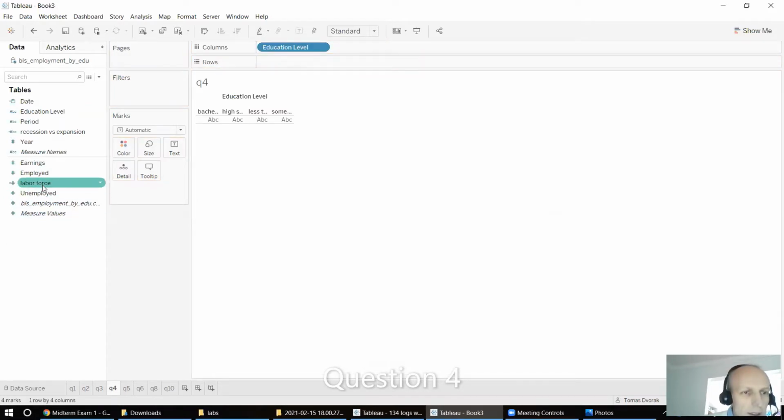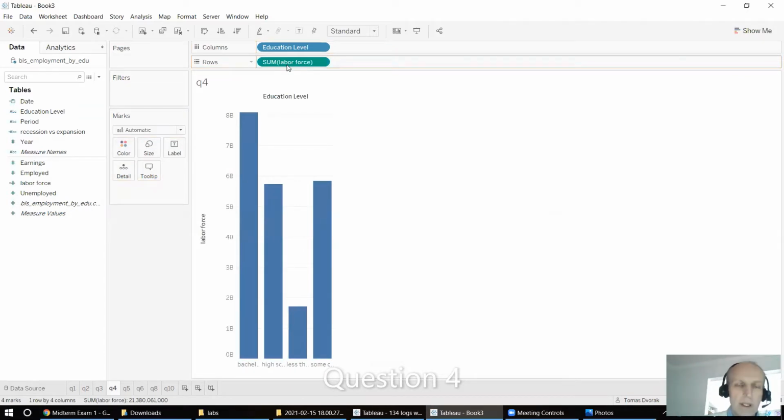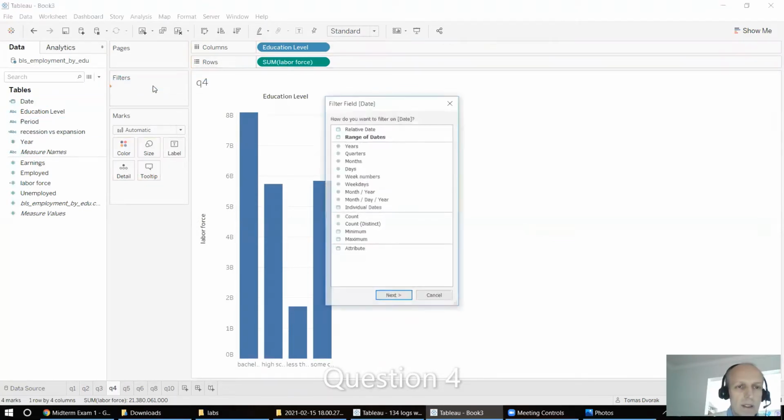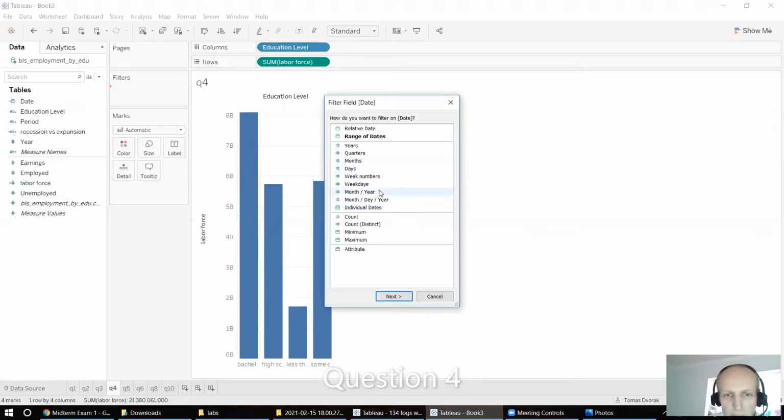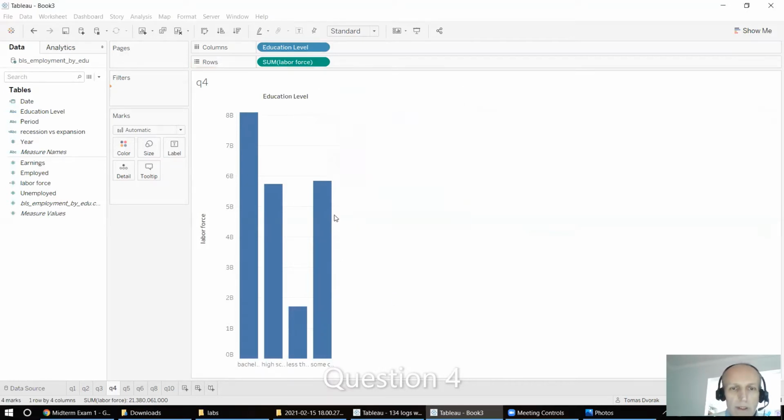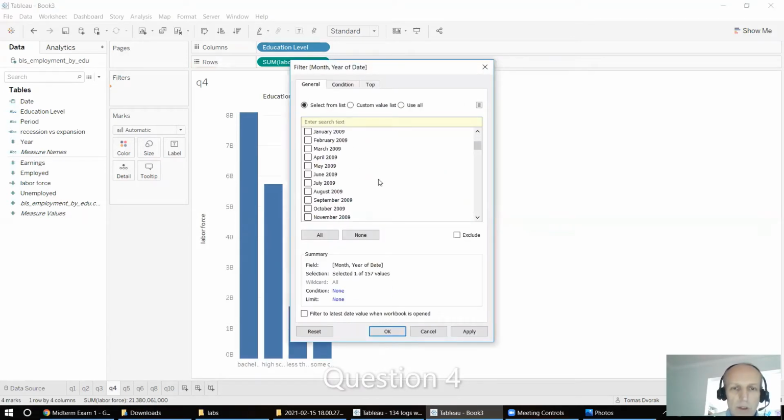So let's do sum of labor force on the rows shelf, but we want to show it only in January 2008 and January 2021. So let's add a filter where we're going to select January 2008 and January 2021.